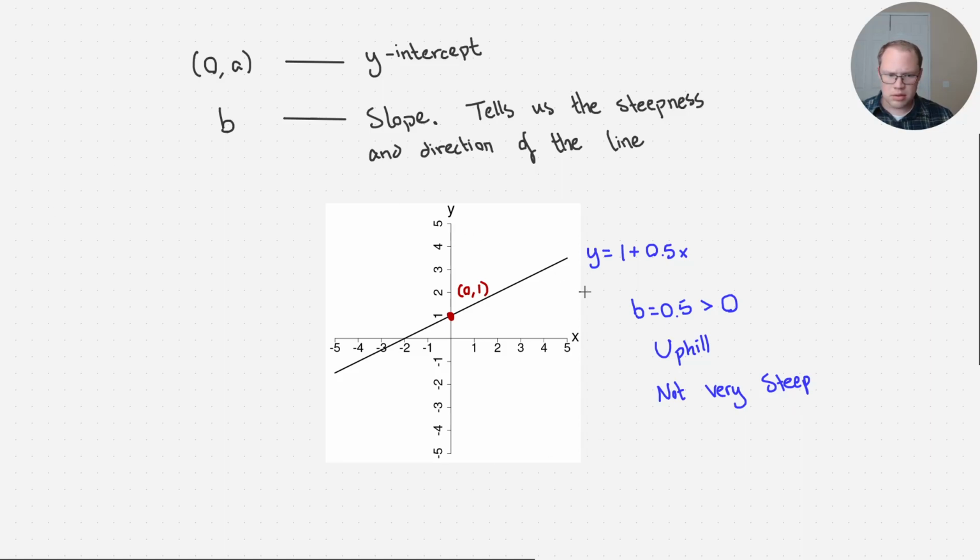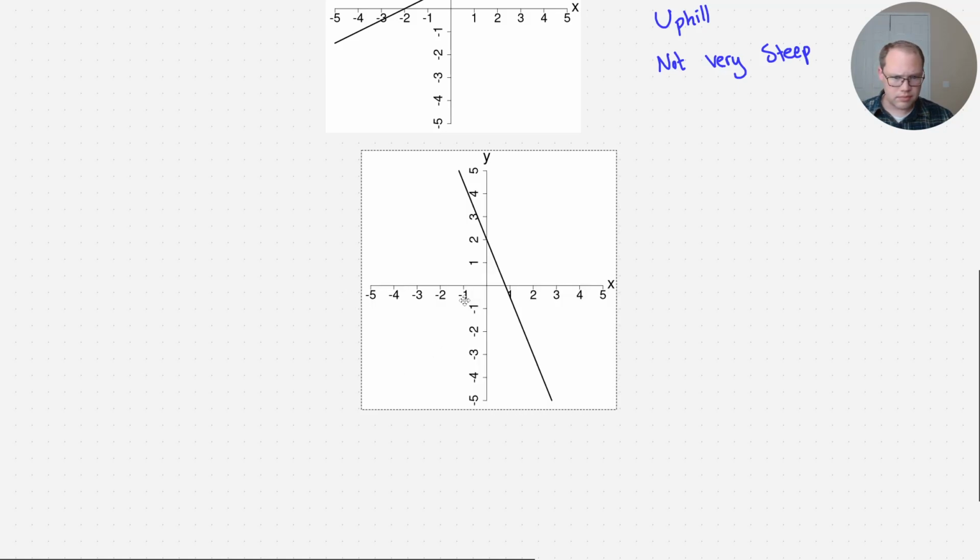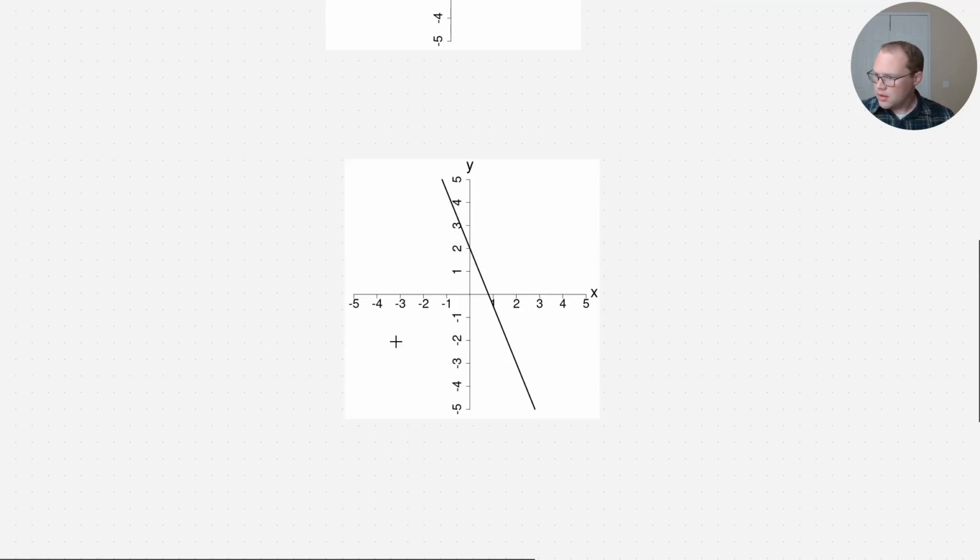Okay, let's look at another one. This is the line y equals 2 minus 2.5x. Here my y-intercept is at 0, 2, because my a is 2. My b is negative 2.5. I keep the sign with the number. Now, this is a number that's smaller than 0.